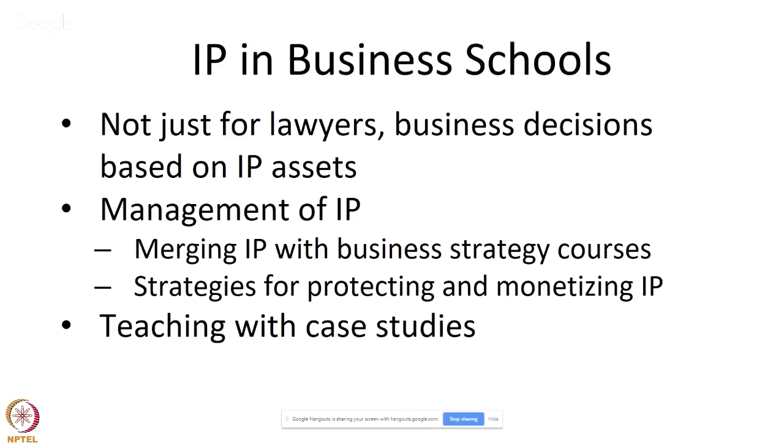So apart from the legal scholarship of IP, the management scholarship also plays a role in making contributions to the subject. These are the two broad approaches that we have: you can take a legal approach in teaching IP, or you can take a business school approach on managing IP. But the scholarship is largely focused on the legal aspect because intellectual property has evolved as a legal subject.